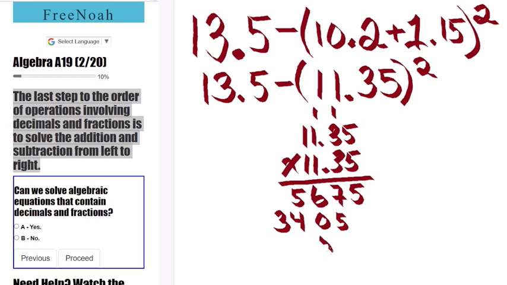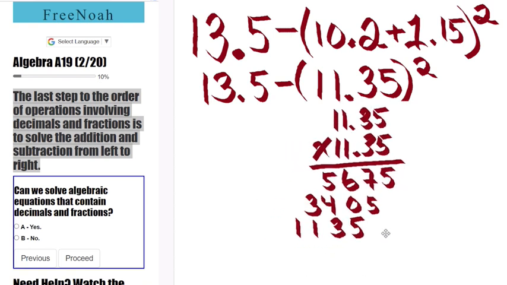Now let's start the third row. Everything is going to get multiplied by 1, so we can just simply say 11, 1, 1, 3, 5. 11 and 35. Alright, 5 times 1, 3 times 1, 1 times 1, and 1 times 1 again. Okay, moving on to our fourth row. Clean this up here just a touch.